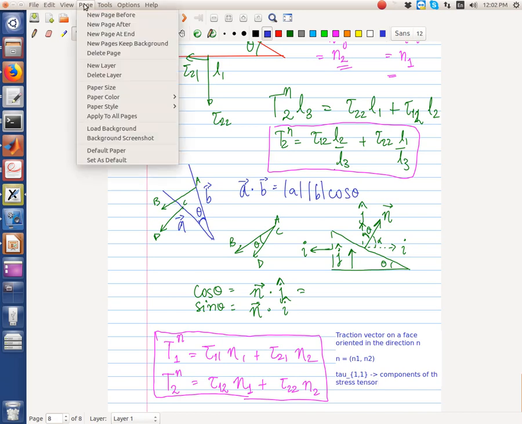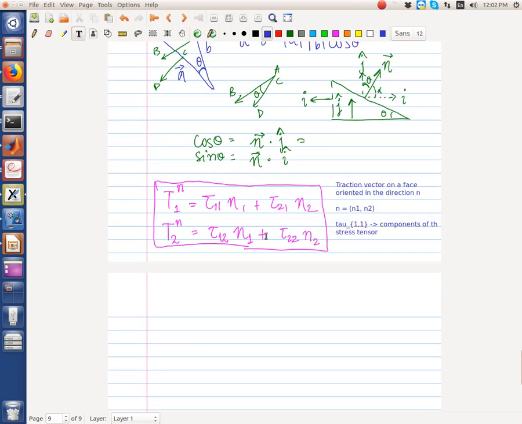So how do we find the force acting on the face? We recall the definition of the traction vector. The traction vector is the limit as delta A tends to 0 of force by area. So now the force is simply the traction vector multiplied by the area, so dF will be simply t dA.